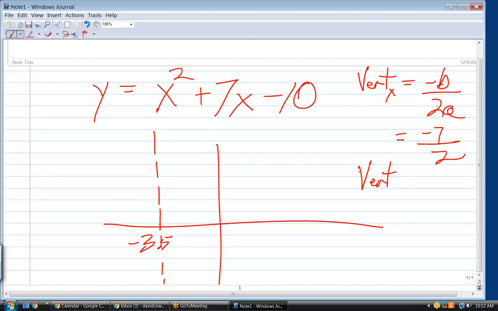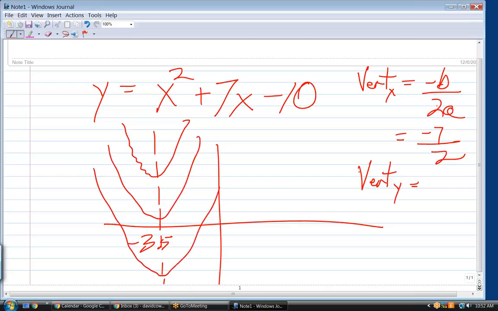How did you find the line of symmetry? That's the same as the x-coordinate of the vertex. The parabola either opens like this, or like that, but the vertex is somewhere on that line. Yes, the vertex x-coordinate is minus 3.5. So negative 7 over 2 is negative 3.5. Right.